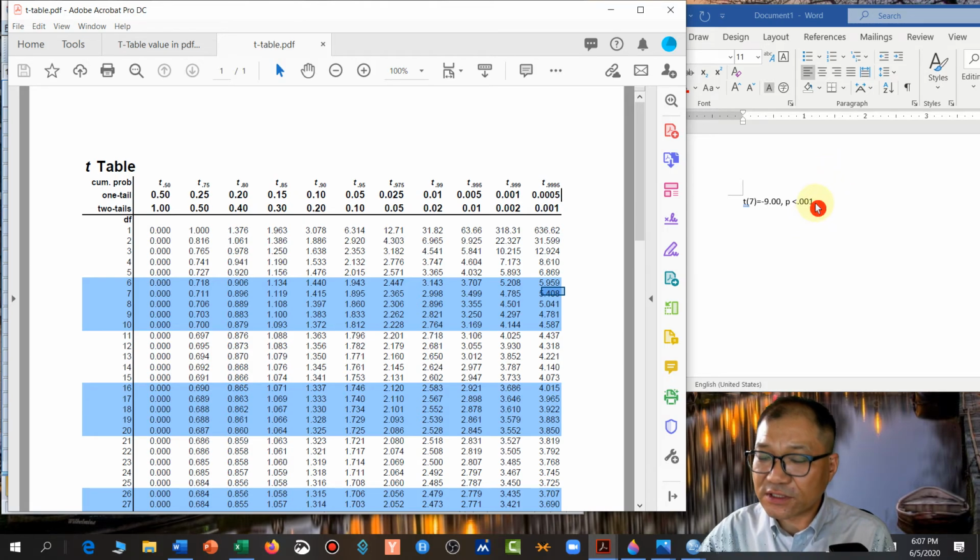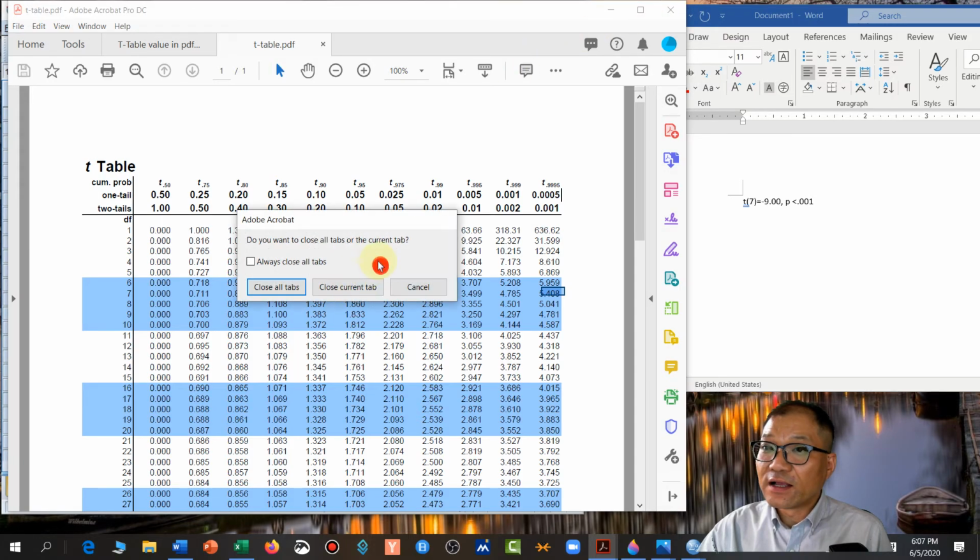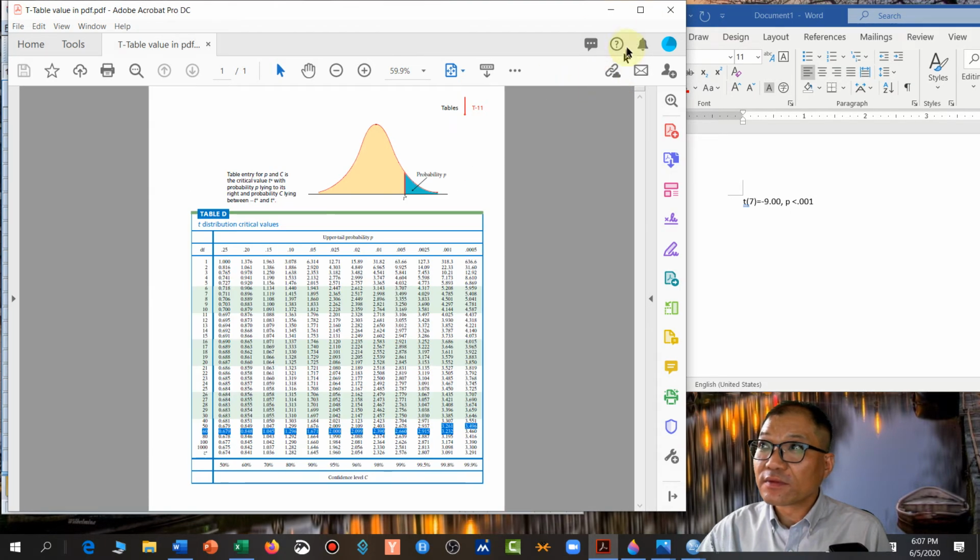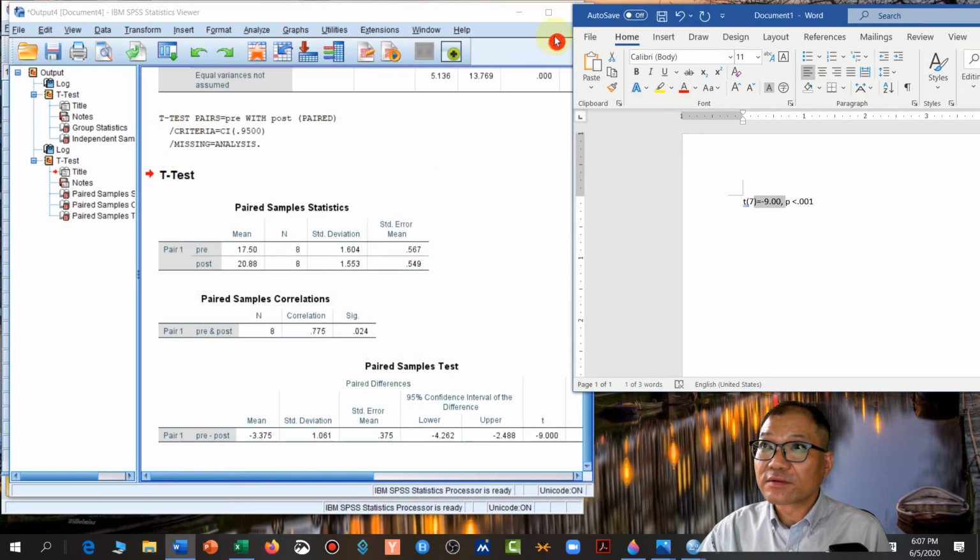So 9 is even way bigger than the 0.001 level, right? So our value is way bigger, so don't worry about negative and minus and plus sign. Our value is way bigger than 5.401 at 0.001.